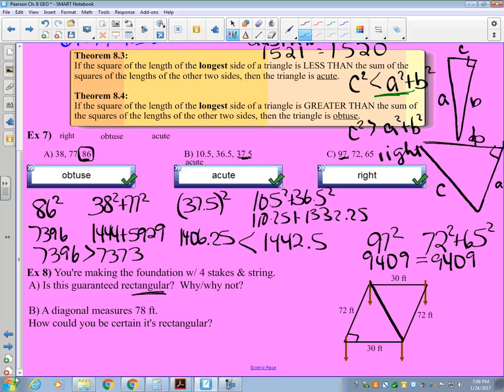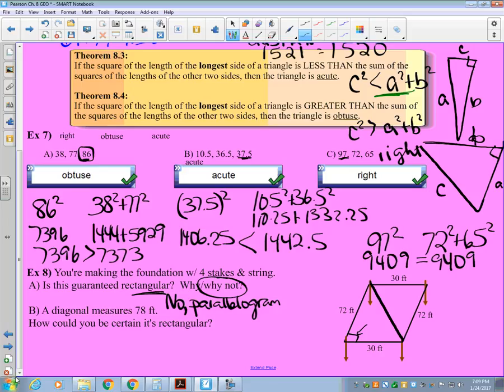So let's go ahead and find our diagonal. Is this guaranteed rectangular? This would be a no scenario because it could be a parallelogram. We are not guaranteed this 90 degrees in the corner.